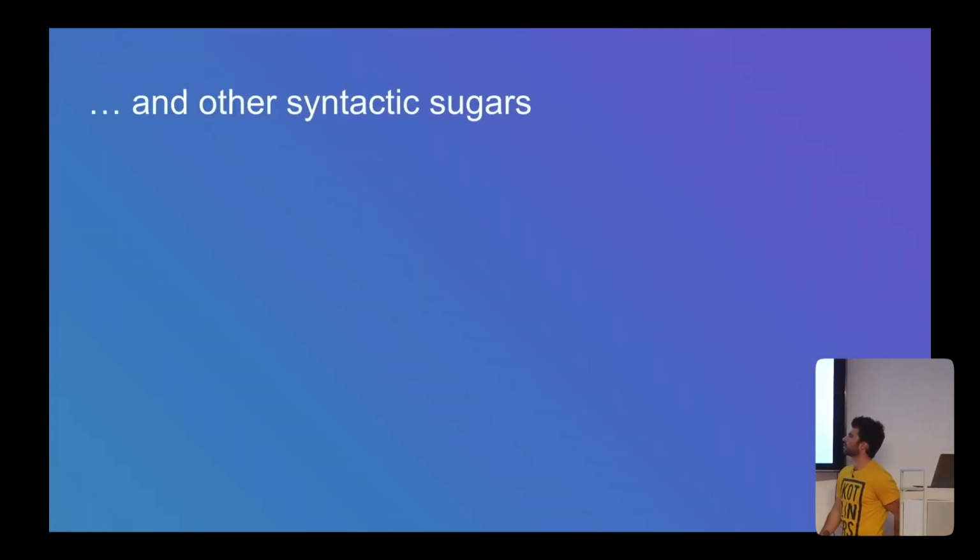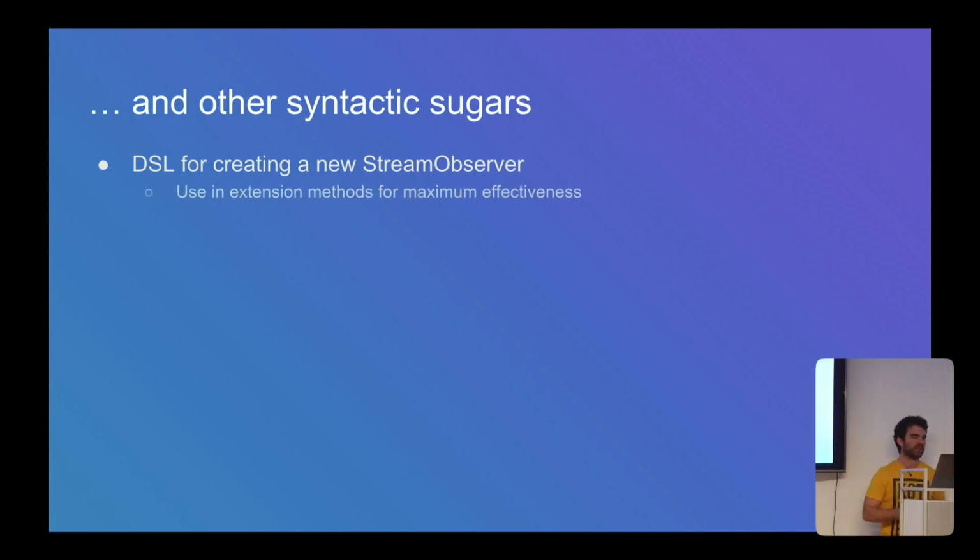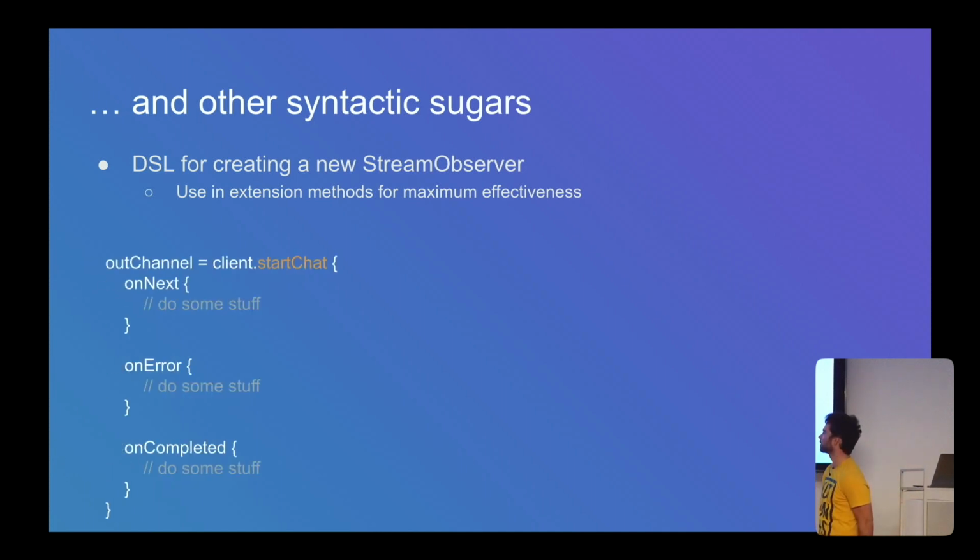And of course, we have other syntactic sugars to do, like creating a DSL for stream observer, which is a pretty good idea because you have to do it only once and you can use it in every project, and we can use it in extension methods for maximum effectiveness, like in that case when we created a start chat function and you could use the stream observer builder by default.